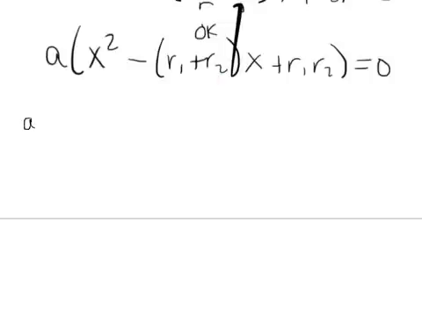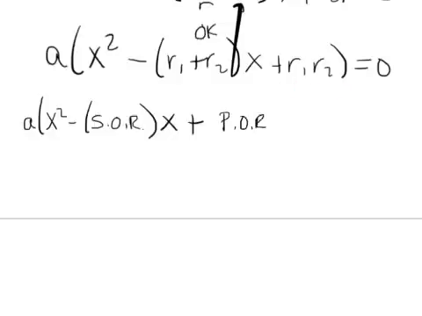So we have a times x squared minus the sum of roots, plus, and here what we'll notice is that this indeed is the product of the roots. So we write product of roots. You can write out the words, I'm just abbreviating for now. So this is the sum of the roots, and this is the product of roots.